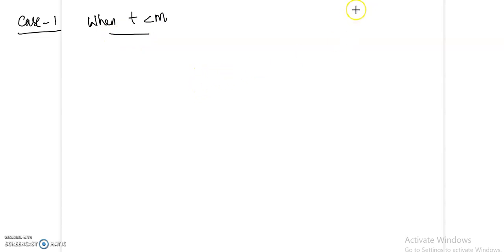And now let us verify the equation. So E of m is summation k equal to m to q. Okay, let me write the expanded version.